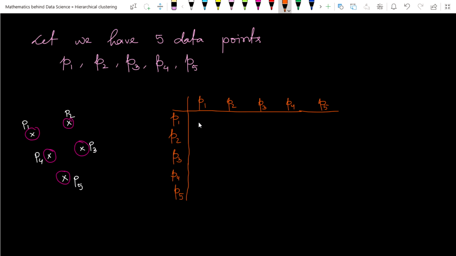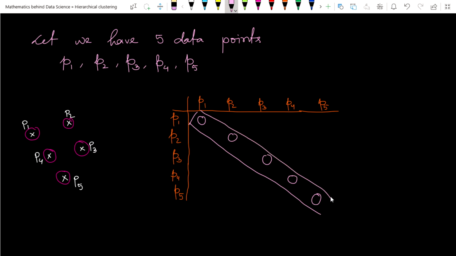If you visualize these, our diagonal elements are P1 cross P1, so the distance between the diagonal elements is totally 0. Distance or similarity 0, 0, 0, 0, as well as this diagonal of the matrix.